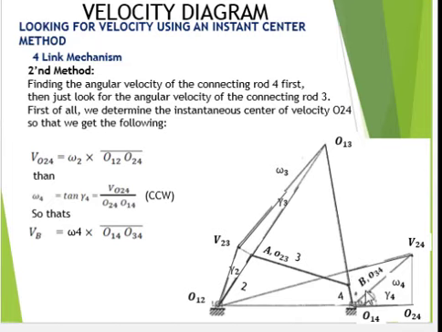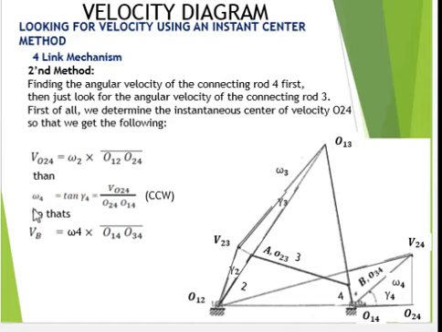Thus, the instant center velocity of O24 can be found using the following equation. VO24 equals omega 2 multiplied by the radius O12 O24. This is the radius.